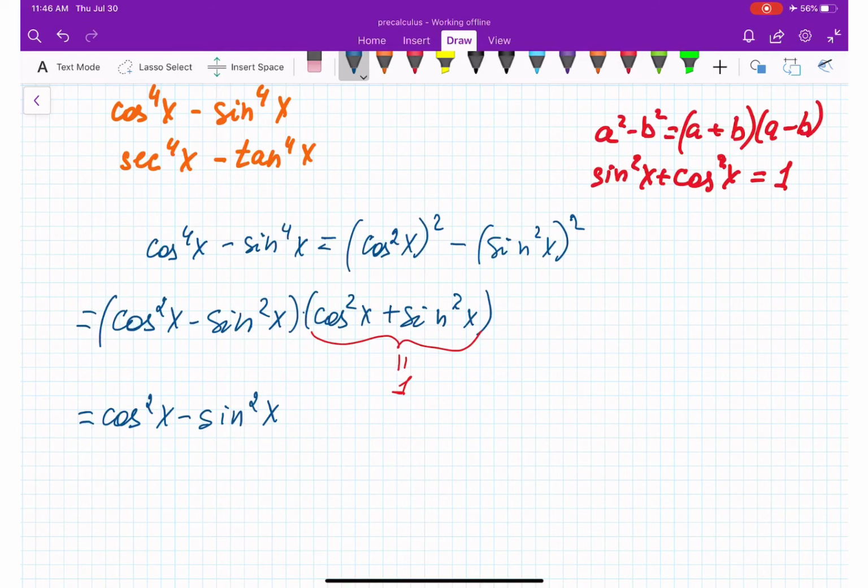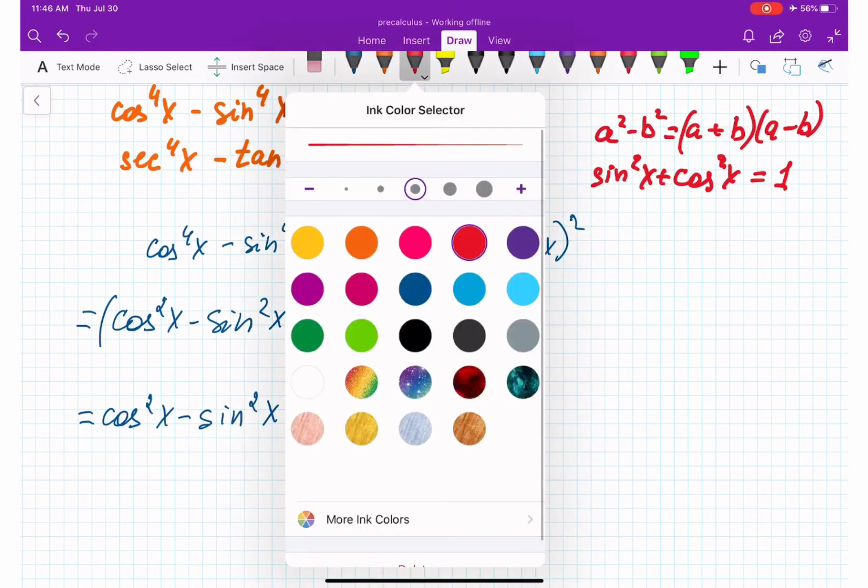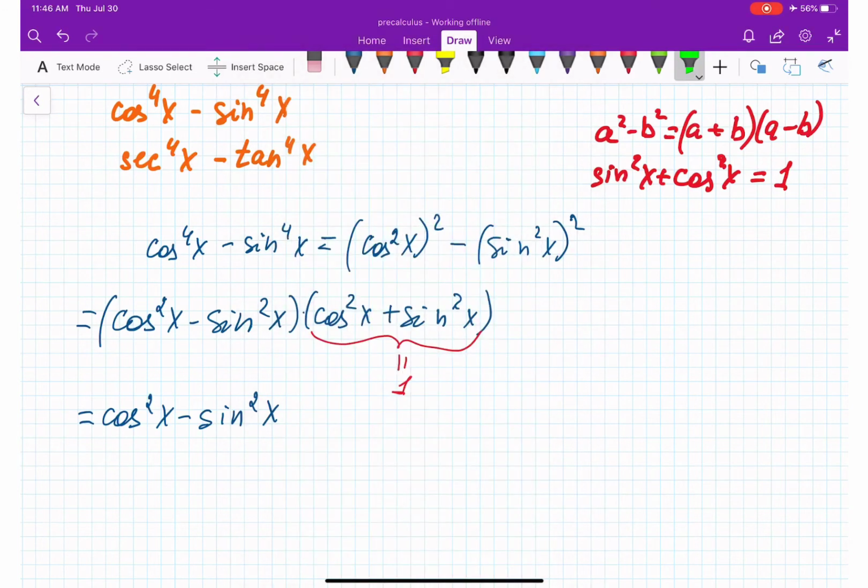Let's see what we can do here. Can I represent this sine squared x as 1 minus cosine squared x from this very formula?